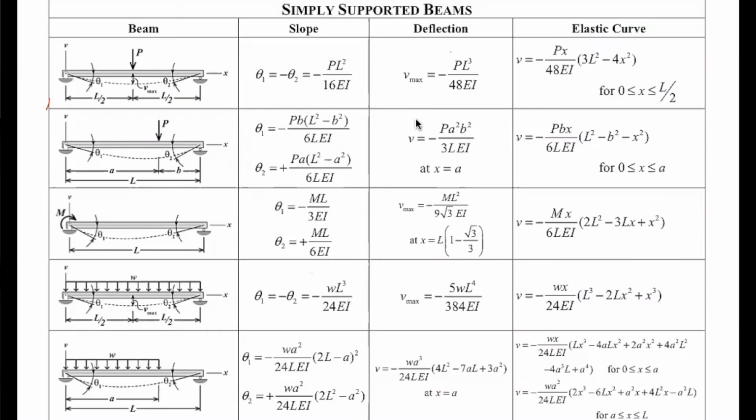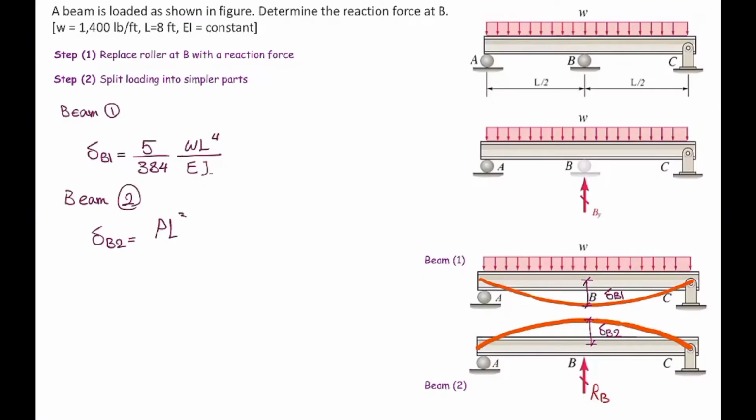In a similar way, we can determine the deformation for the beam that is subjected to a concentrated load at the midspan. The direction doesn't matter because that just changes the sign. And again, because I'm interested in the maximum deformation, I can read this equation, PL cubed divided by 48 EI.